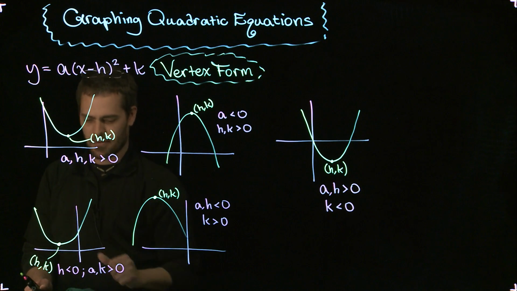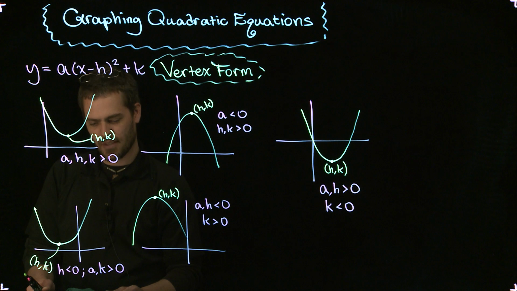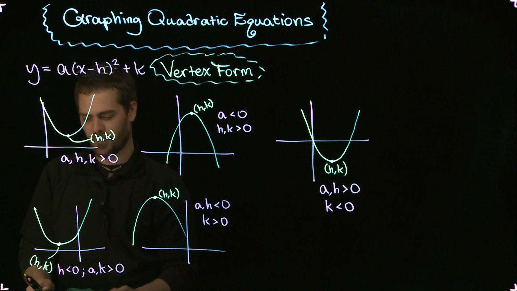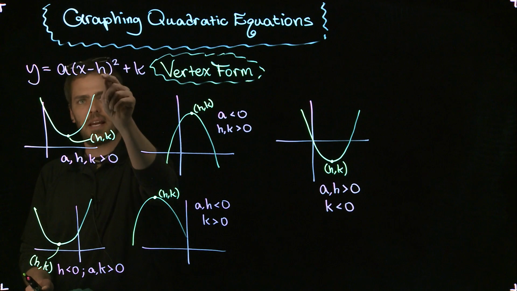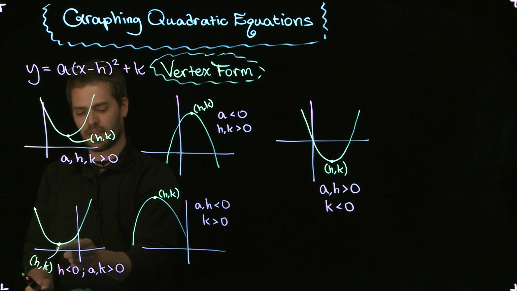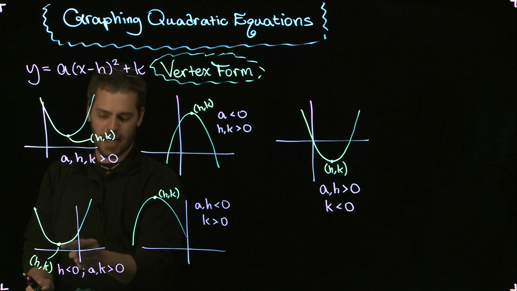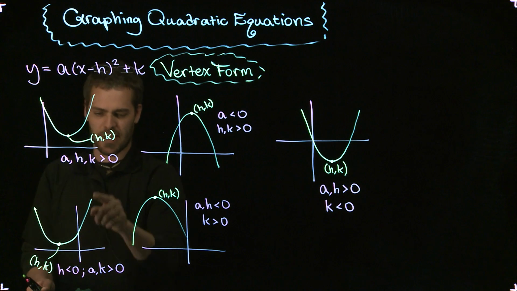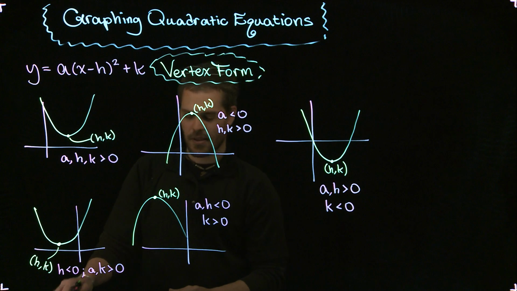It would be a shift of the vertex to the left. And when I say shift, I'm always referring to a shift from the center: a shift up, a shift down, a shift right, a shift left. So if your h is a negative value, it's a shift left. If k is positive, it's a shift up. And in this case, a is positive as it's going upward.